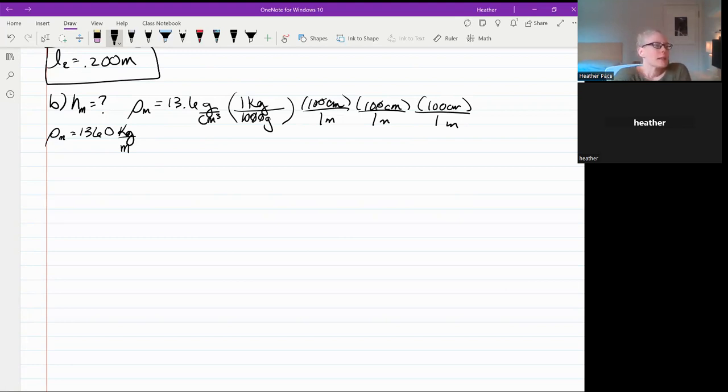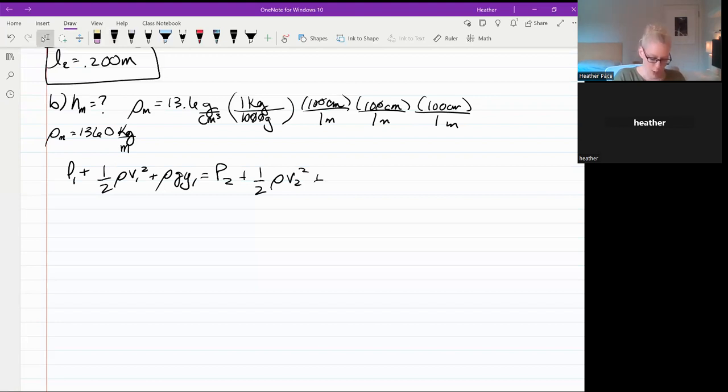And Bernoulli's is going to say P1 plus 1/2 rho V1 squared plus rho g Y1, we're going to say Y because we're up and down, not side to side, equals P2 plus 1/2 rho V2 squared plus rho g Y2.